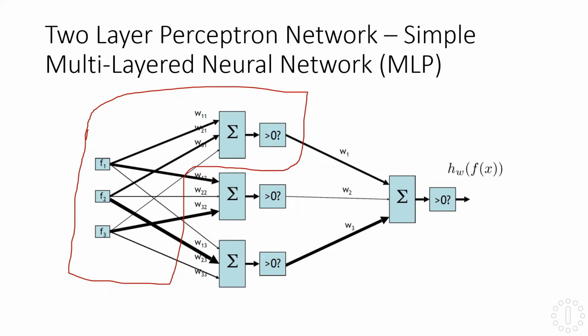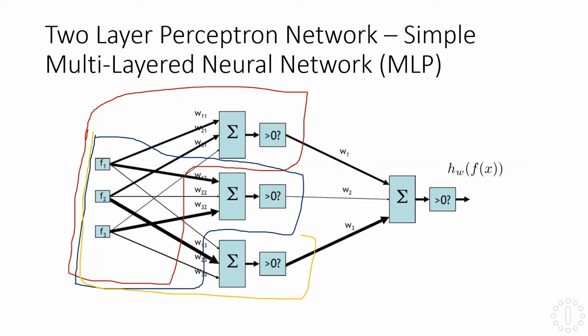Then we can look at, again, the same inputs along with this output, which represents a second perceptron. If we look at, again, the same inputs and this output, then we get a third perceptron.